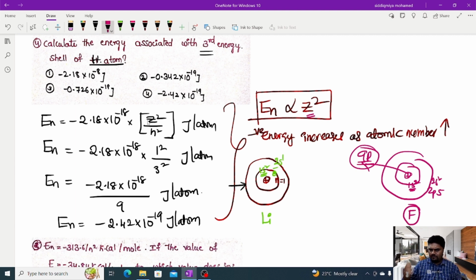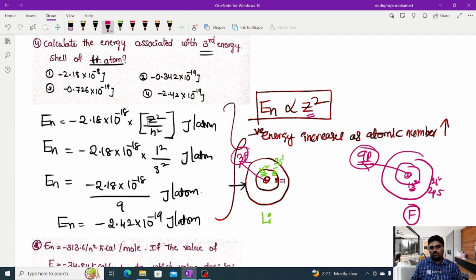In lithium, how many are there? In this one only 3 protons are there. Comparatively, in fluorine 9 protons will catch hold of the first electron more effectively. In lithium, 3 protons cannot hold as much as the fluorine protons are pulling the electron.